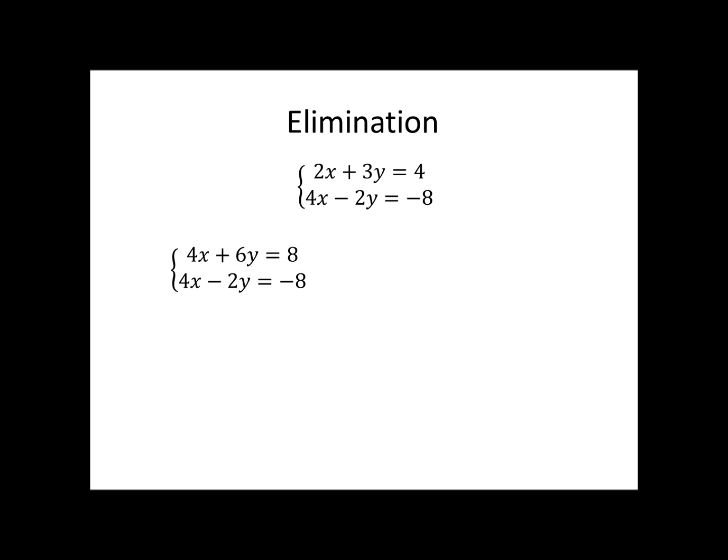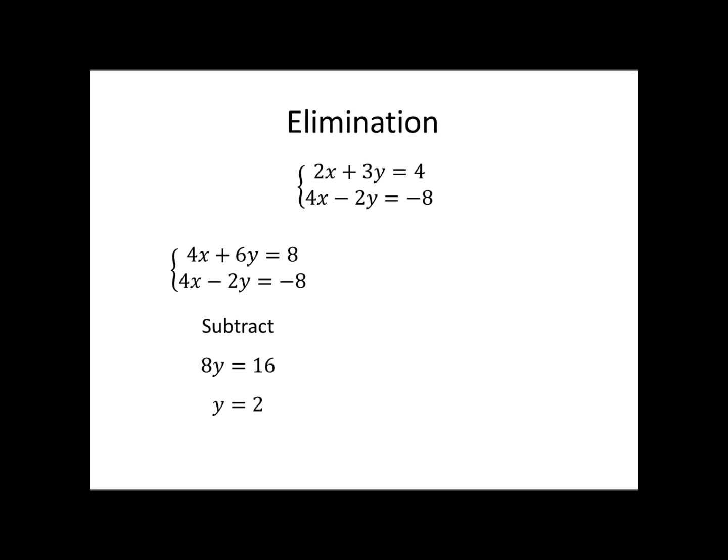Now that my two x terms match, I'm going to subtract. So I'm going to take the top equation minus the bottom equation. So 4x minus 4x, those x terms are going to cancel. 6y minus negative 2y, well, that's 8y, equals, and now 8 minus a negative 8 gives me a positive 16. Solving for y, I get y equals 2.